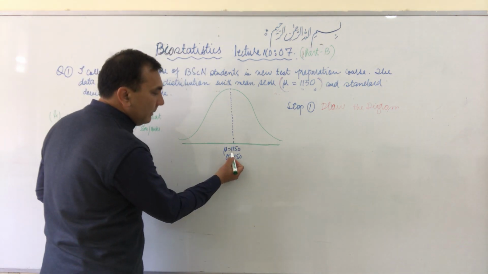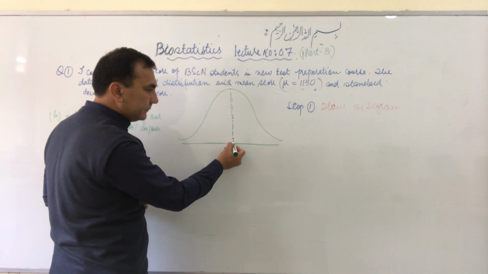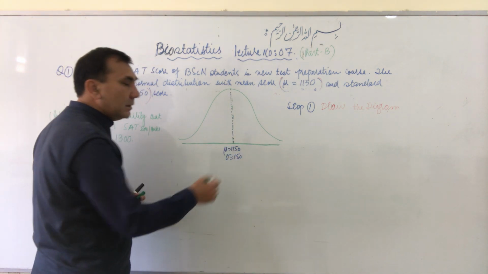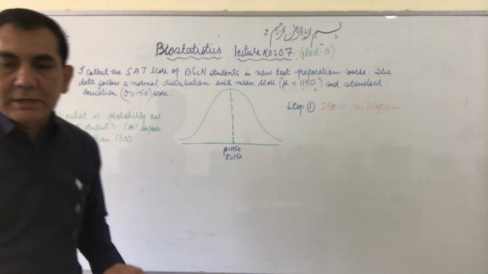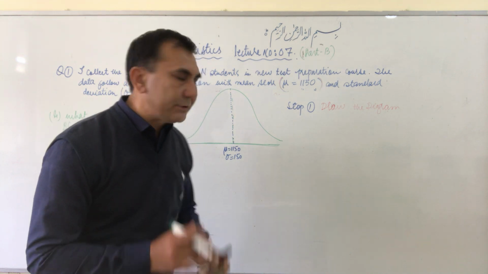The mean score of 1150 is present in the center. As we learned, in the normal distribution the mean, mode, and median always lie in the center.